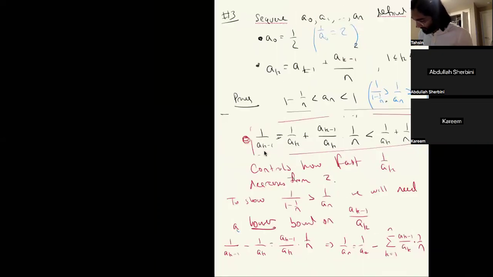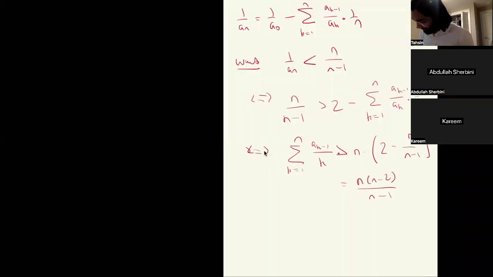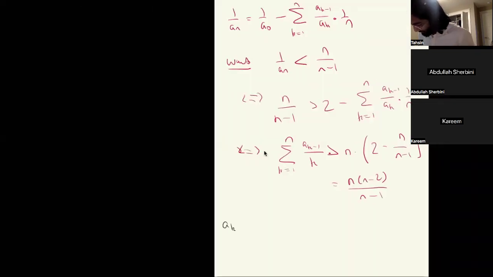So there are two ways of looking at it. We can look at it as ak equals ak minus 1 plus ak minus 1 squared over n, or we can look at it as 1 over ak minus 1 equals 1 over ak plus ak over ak minus 1 times 1 over n. And we want some kind of lower bound on ak minus 1 over ak.